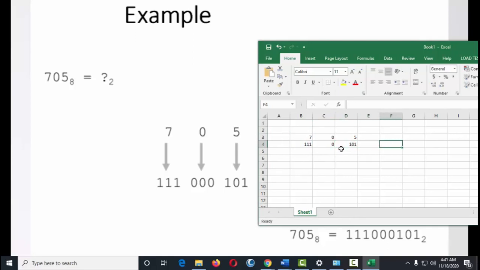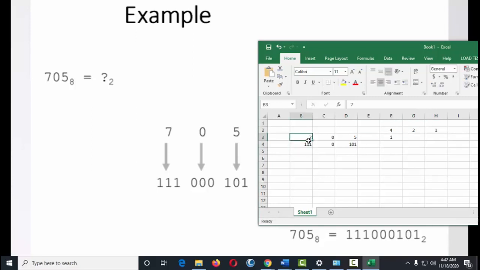So how do we do that? You have 1, 2 and 4. This is like a guide for you on top of the binary values.